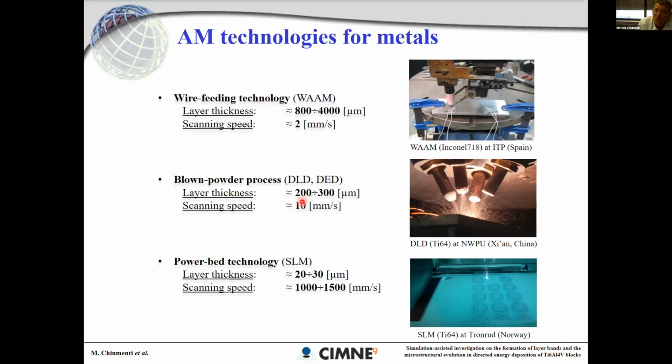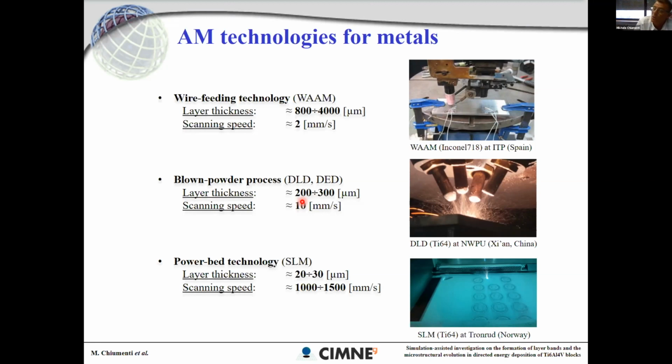But this is not the only problem, because the scanning speed is also radically different. In wire feeding, we are talking about a few millimeters per second, while in powder bed technology, the scanning speed is once again two or three orders of magnitude faster. So the technology to be used for numerical simulation is affected by this.